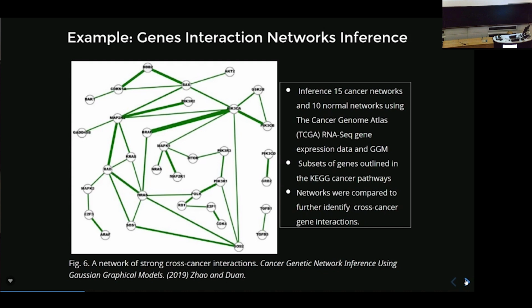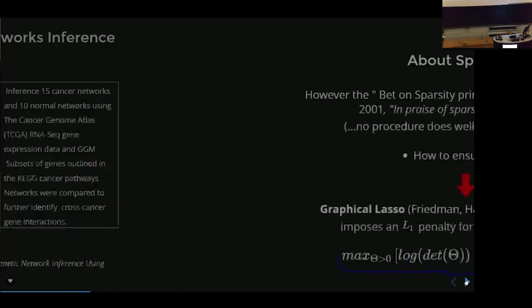And then only on this list of genes, they extracted the gene interaction networks, and then they compared all these networks looking for a consensus, and this is the network of strong cross-cancer interactions. So they look for repetitions in the connections of the genes, and that's the consensus. That's the way that they decided to proceed, and then we will see if we have alternative approaches that are as well valid. Okay, just to give you an idea of the kind of applications.